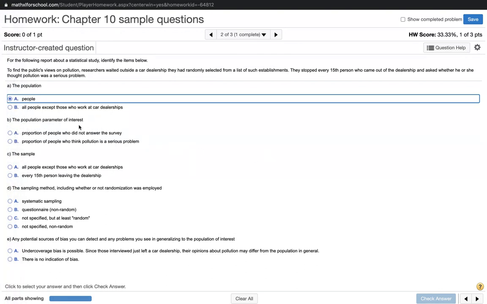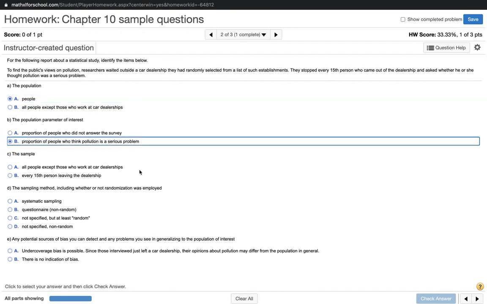The population parameter of interest. I'm going to look at this last sentence here: they stopped every 15th person who came out of the dealership and asked whether he or she thought pollution was a serious problem. So the choices are the proportion of people who did not answer the survey, or the proportion of people who think pollution is a serious problem. Obviously, the answer is going to be B. The sample: all people except those who work at car dealerships?